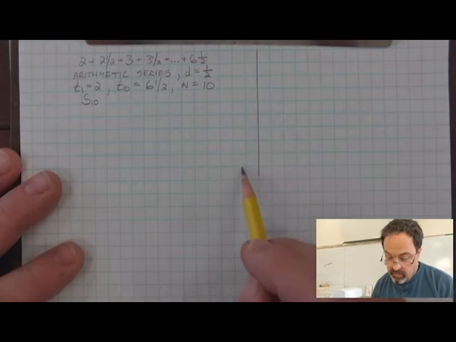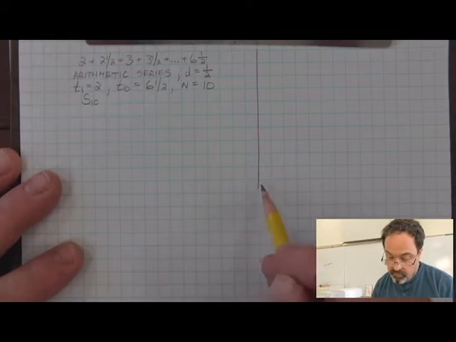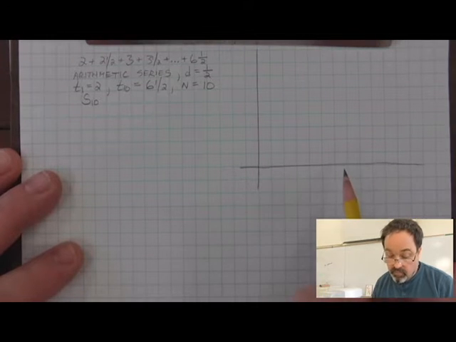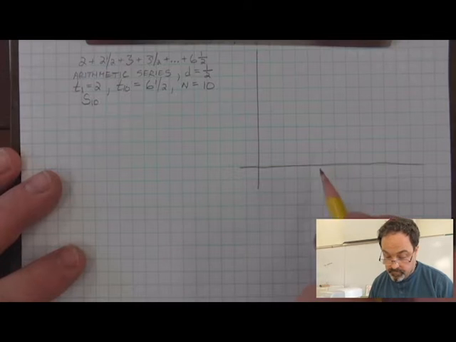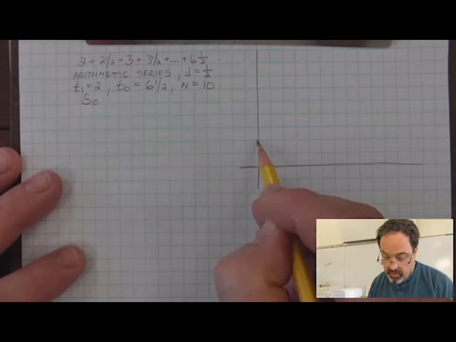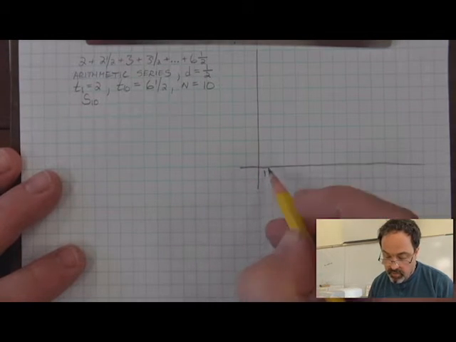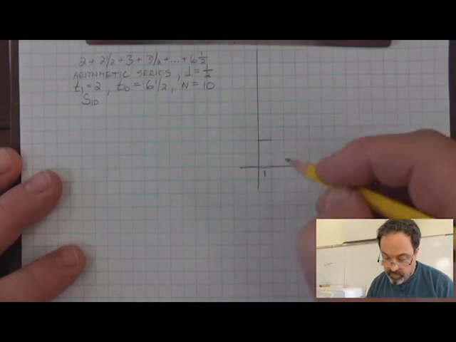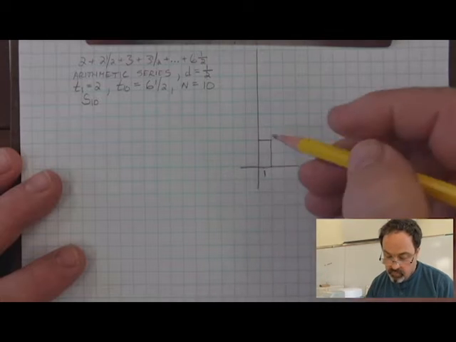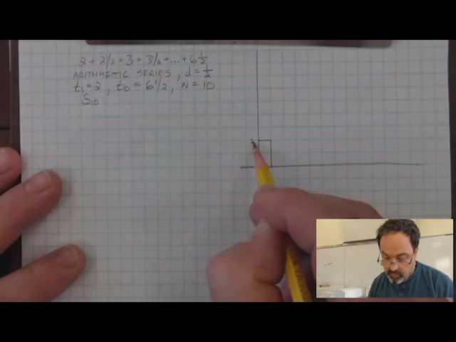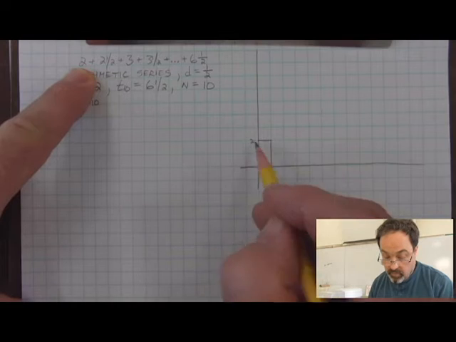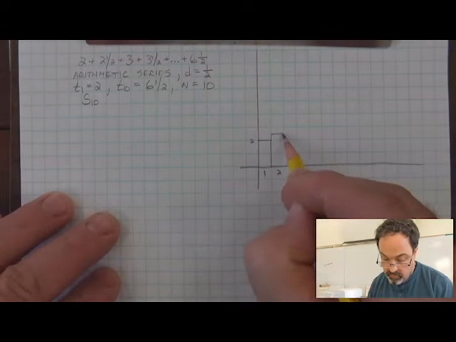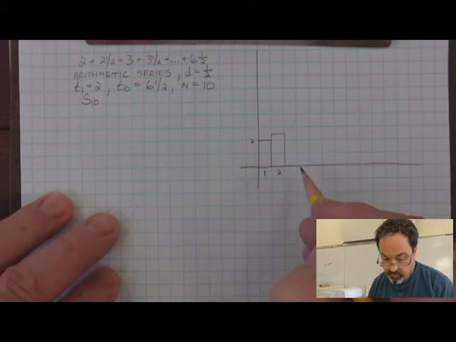And to understand the formula that we'll get to do that for us, let's get a visualization of what we're adding together. I'm going to make a bar graph. This will be term number 1, and the height of the bar will be the value of that term. So term number 1 has a height of 2 because its value is 2. Term number 2 has a height of 2.5. And this is going to follow a trend.